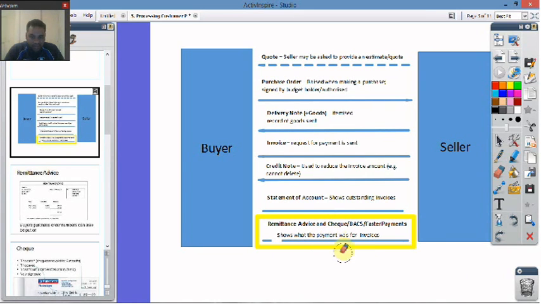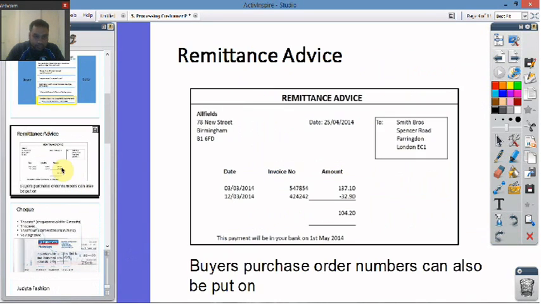So remittance advice shows what the payment is for. Let's have a look at an example. You've got remittance advice with invoice numbers and a credit note. Say you received a payment of £104.20, you wouldn't know what that was for, would you? Because the only invoice here is £137.10, and you didn't receive that.